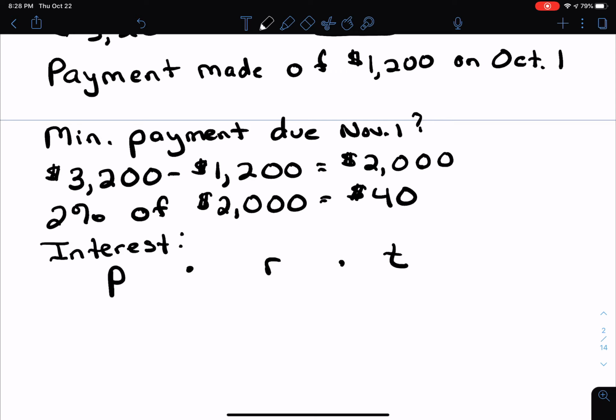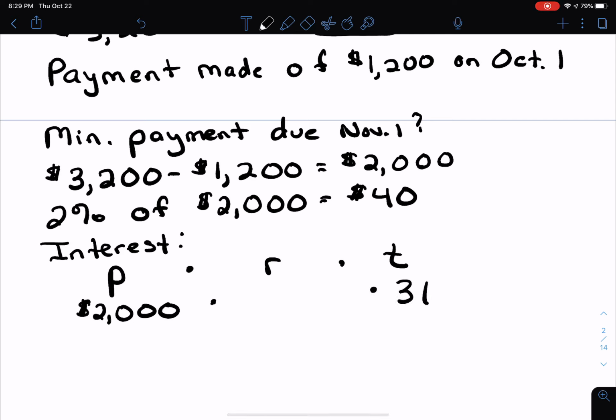In this case, the P is the $2,000, the balance carried through the month. And we're talking about the month of October, excuse me, because we're looking at November 1st. 30 days has September, April, June, and November. All the rest have 31, except February, which has 28, and a leap year has 29. So for the month of October, we're looking at 31 days.